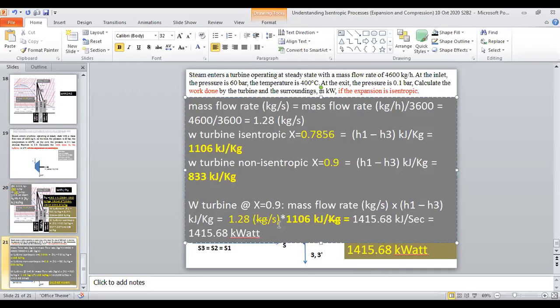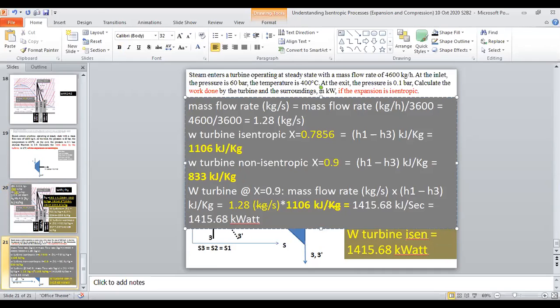Okay. So now W turbine at x equals 0.9 is mass flow rate times H1 minus H3. So here it should be 833. So 1.28 times 833.